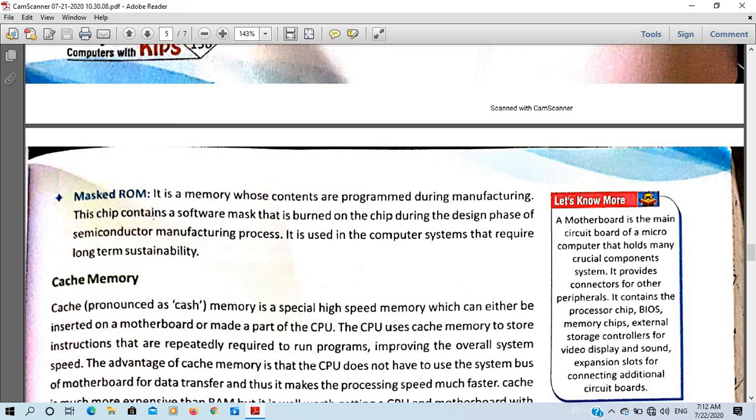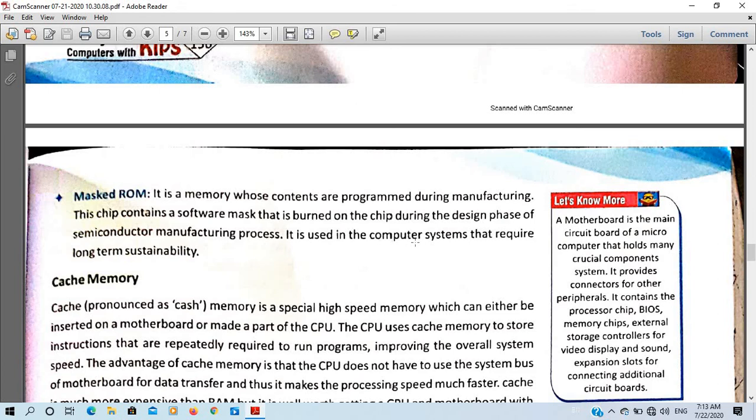On the motherboard, masked ROM is already built and comes from the manufacturer side. We people or any user cannot change it easily. This chip contains a software mask that is burned on the chip during the design phase of the semiconductor manufacturing process.